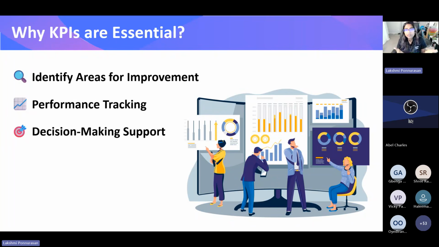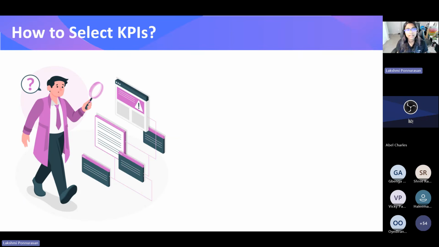Because without KPIs, you're basically going on a road trip with no GPS and just hoping for the best. Decision makers do not want to dig through pages of reports. They just want to look at a number and decide we are doing great or we need to set up a meeting now.